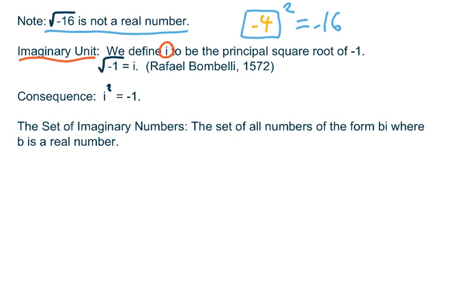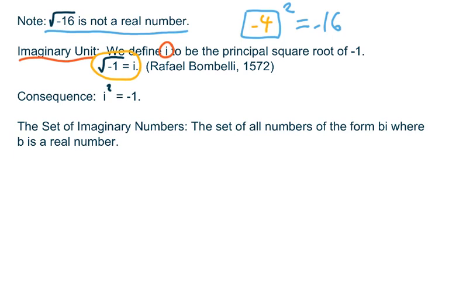Although there were other mathematicians before this who introduced the idea in one way or another, the fellow who gets credit generally for defining, discovering, inventing, whatever you want to say, this concept of i is Raphael Bombelli, and the date is 1572. So we define the number i to be the principal square root of -1. And that's not a real number, so it's somehow outside all of those circles I've already drawn.